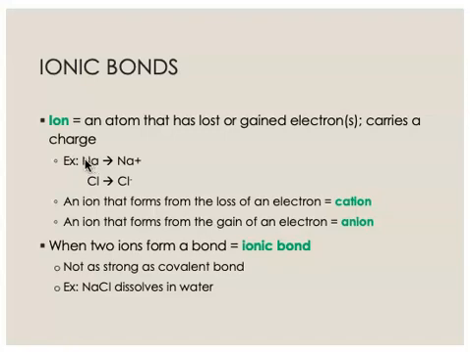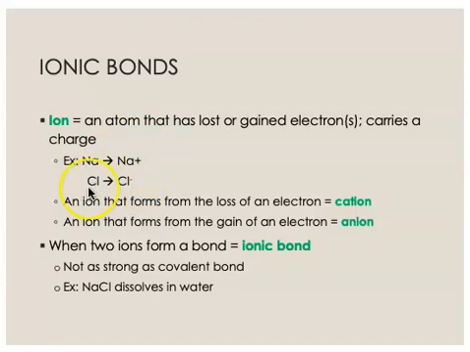Remember, in an uncharged atom, the number of protons and the number of electrons is going to be equal. If an atom loses an electron by giving it away, it now has one more proton than electron, and it takes on a positive charge.